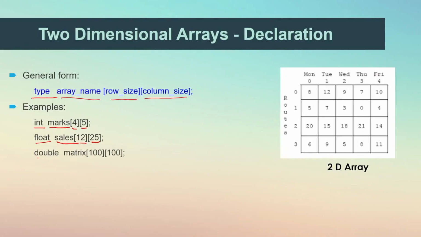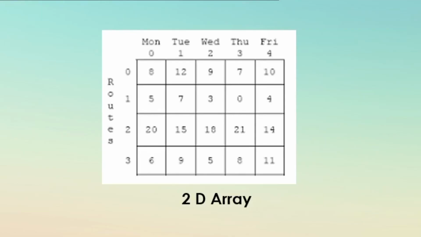So, double is the data type, matrix is the array name, 100 is the row size and 100 is the column size. It means that we can create a matrix of 100 by 100, which can store double type values. In the figure we can see that the rows are numbered 0, 1, 2, 3, which is the index of the array.